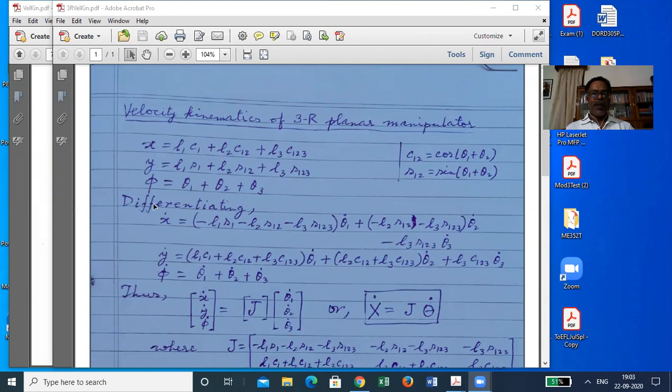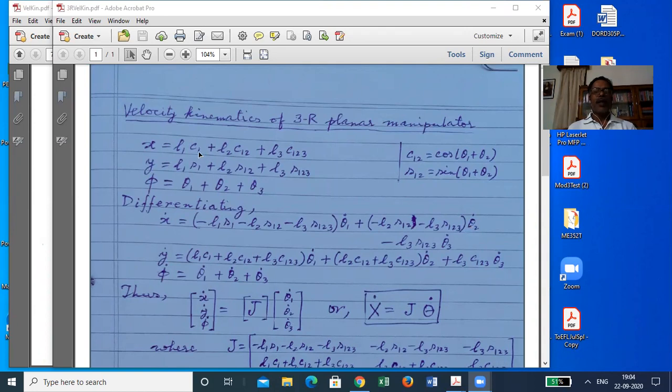So x dot, y dot, phi dot we have got in this form. So this is the partial derivative with respect to theta 1. Okay. And then multiplied with theta 1 dot. So we are getting the time derivative. Similarly, components from theta 2 and theta 3.